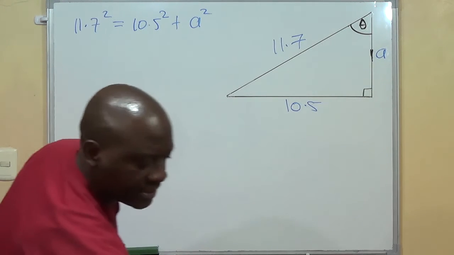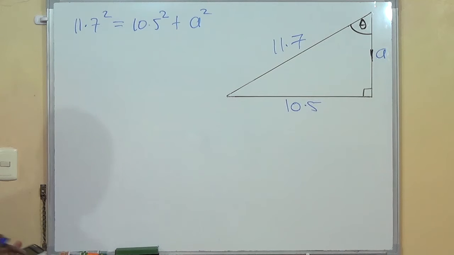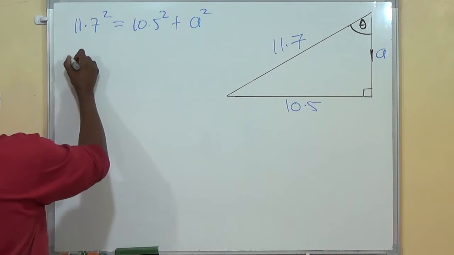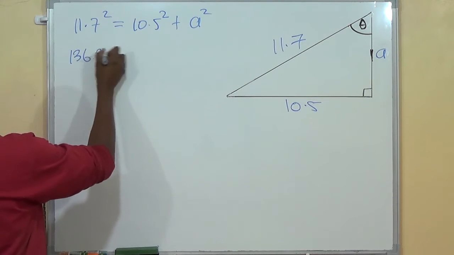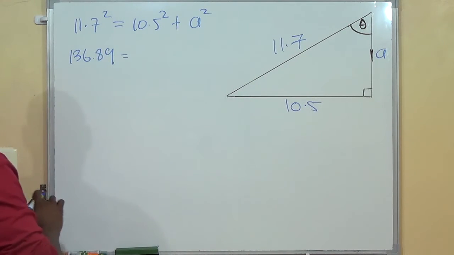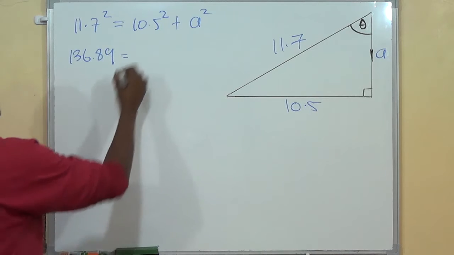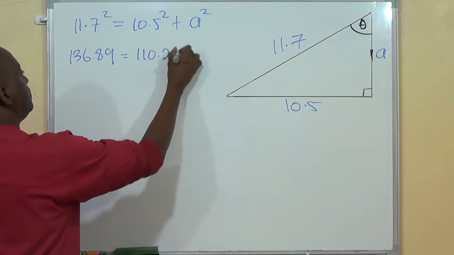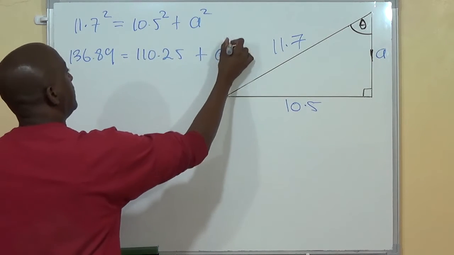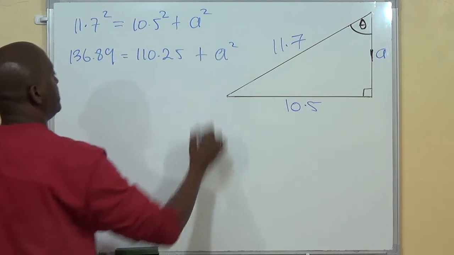So 11.7 squared is equal to 136.89, which is equal to 10.5 squared, which is 110.25, plus a squared. A, of course, being the adjacent.